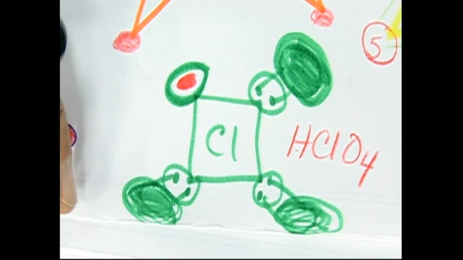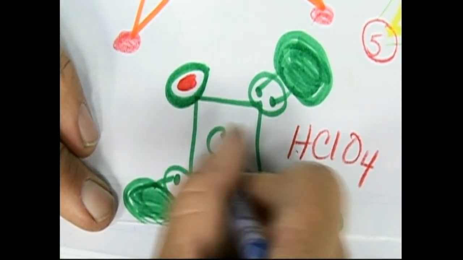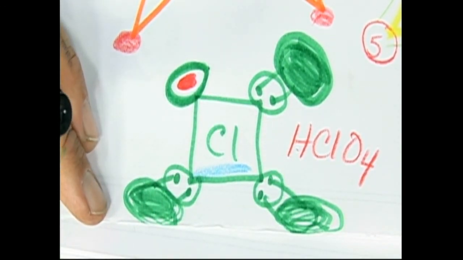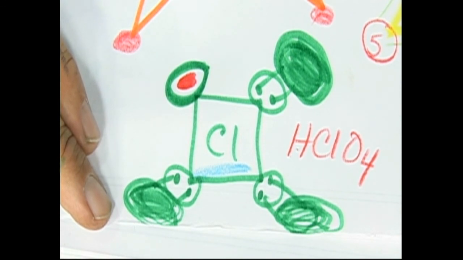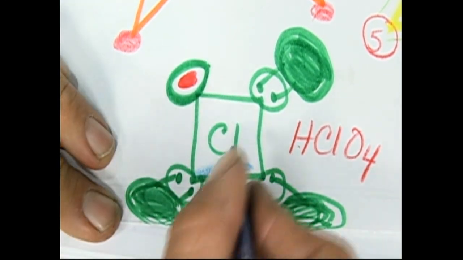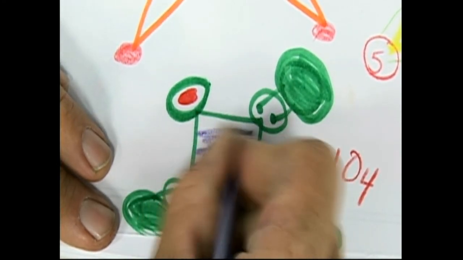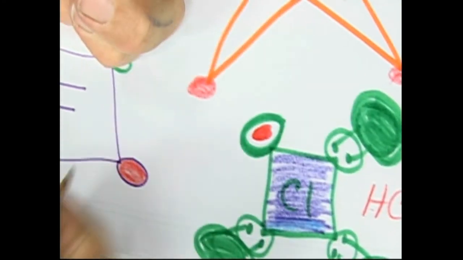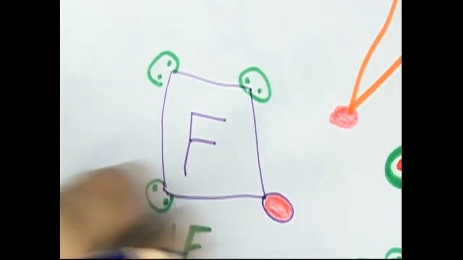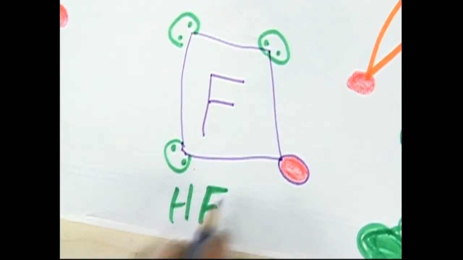So we color these halogens in, bringing kind of a purplish color. Like a little purple, so halogens are purple. Fluorine, see, this is HF. It'd be hydrofluoric acid.